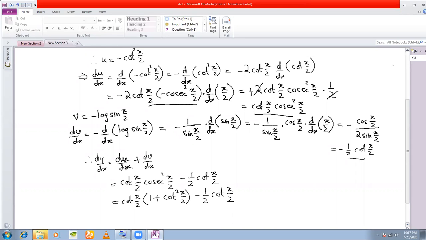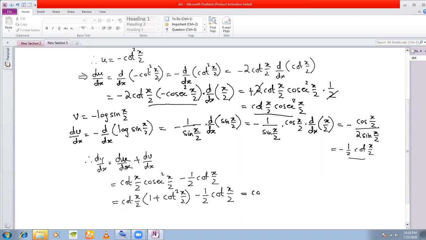Yes, this cancels. This is okay. Cot x by 2 cosec square x by 2. And here d dx of log sin x by 2 is 1 by sin x by 2 into cos x by 2 into half. This is okay, no problem.